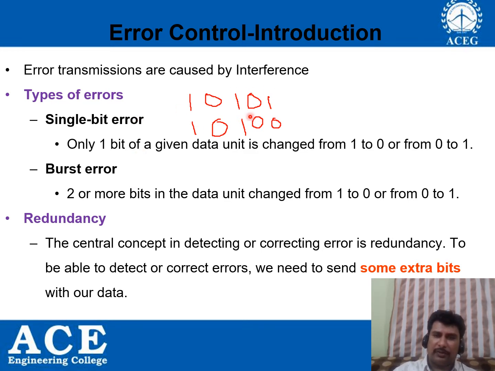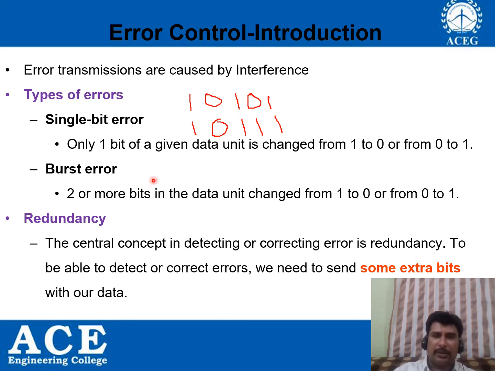Only one bit of the given data changes from 1 to 0, or sometimes it can be like, instead of 10101, it might have been converted as 10001. In the previous case 1 changed to 0, and now a 0 bit has changed to 1. This is called single bit error.